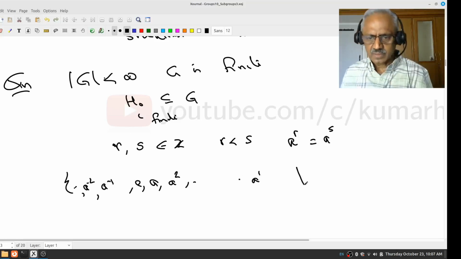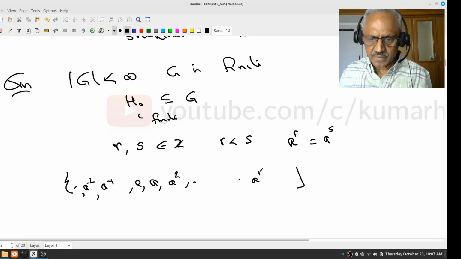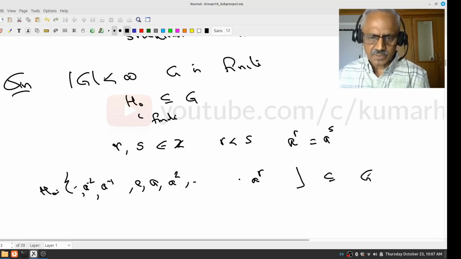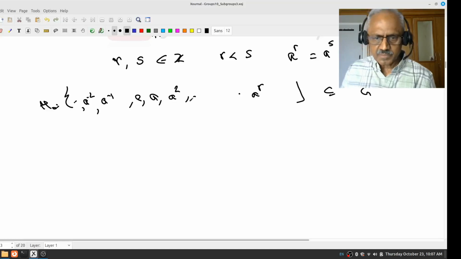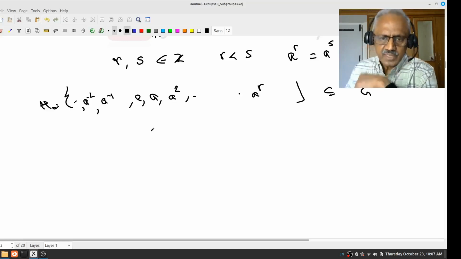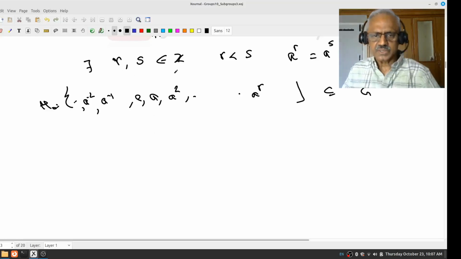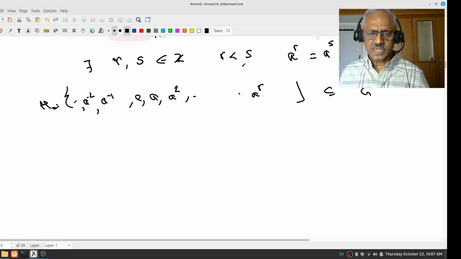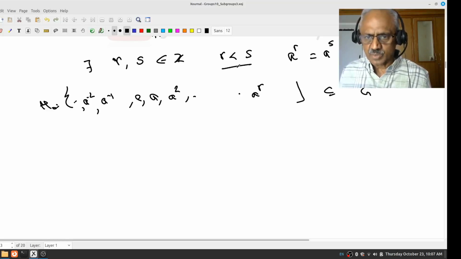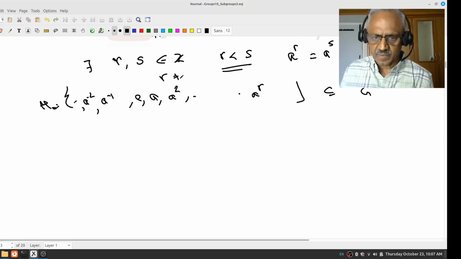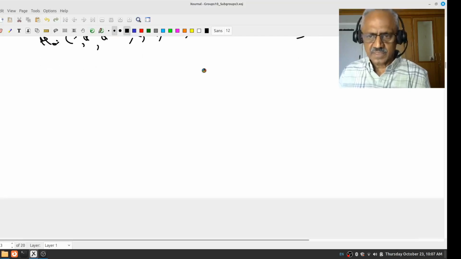H naught is contained in G, so at least many elements should be equal. In particular, there exist two integers R and S so that R is not equal to S, but a to the power R is equal to a to the power S. Without loss of generality, I am assuming R is less than S.